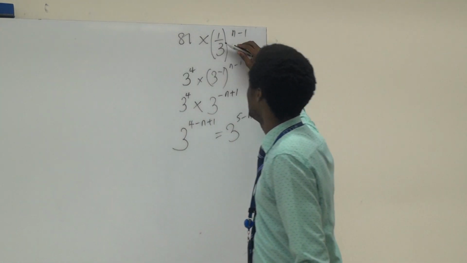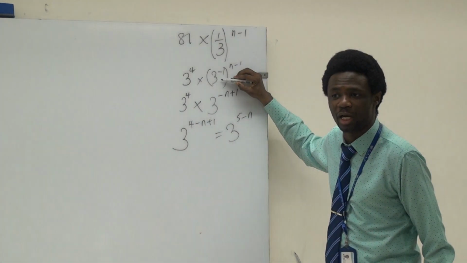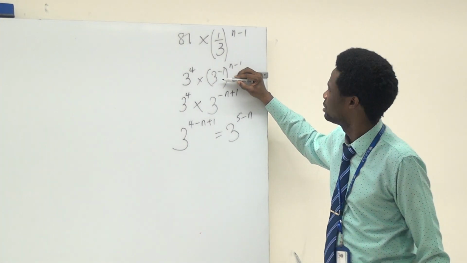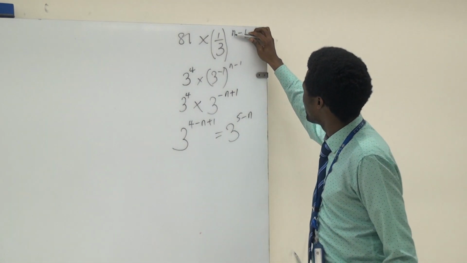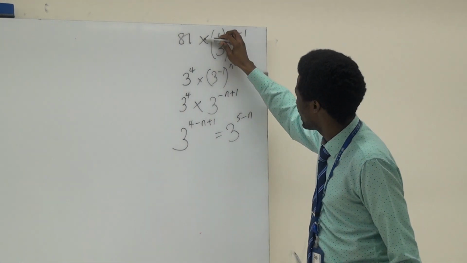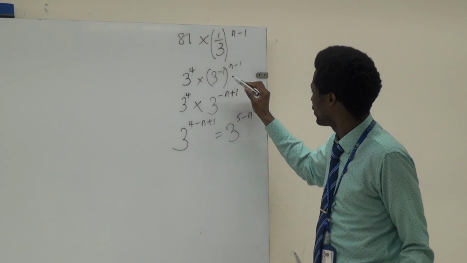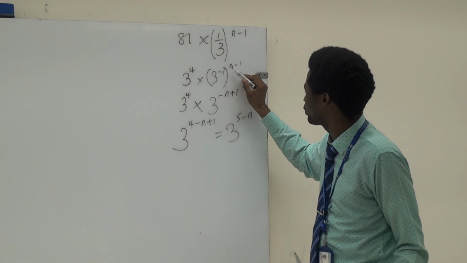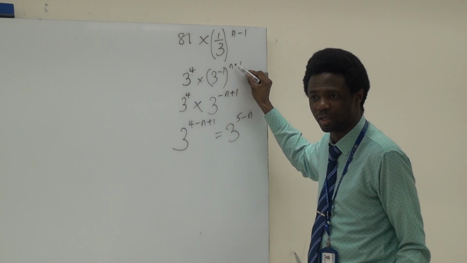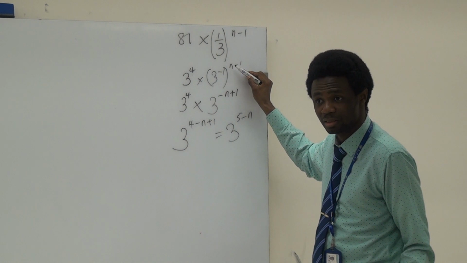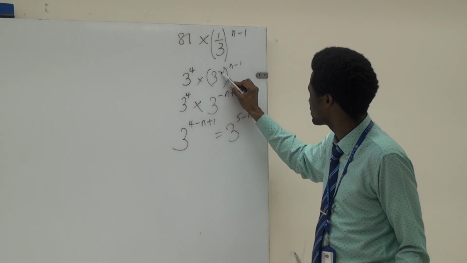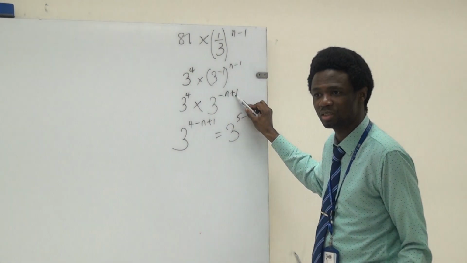So again, 1/3 is 3 to power minus 1. Do you agree with that? Yeah. Then I just repeated this. My times is repeated. This is this. Okay? Open the bracket. So when you open a bracket with power, you multiply the internal one by the one outside, right? So minus 1 times n is minus n. Minus 1 times this is plus 1.